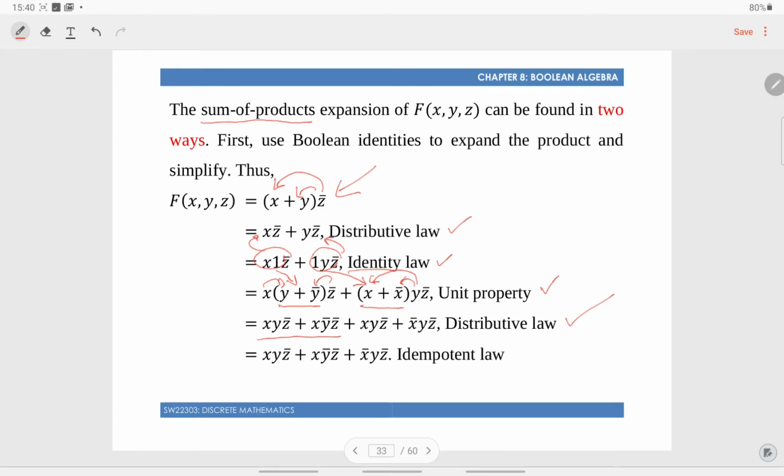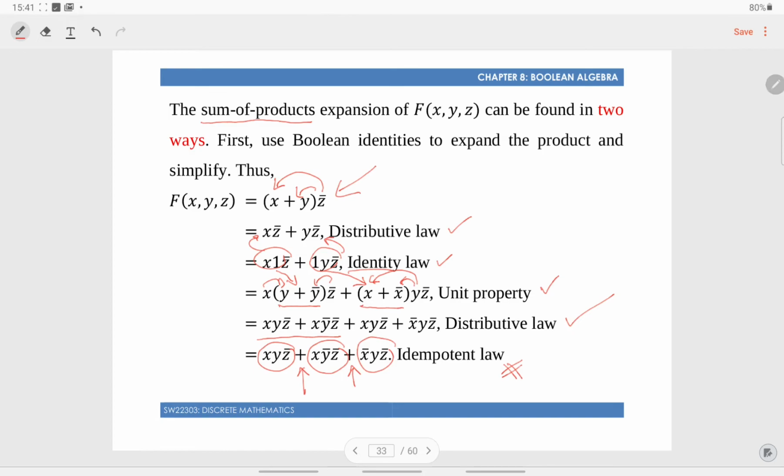We simplify this expression, and we come out with the last one by using the idempotent law. So this is the sum of terms. We have one product, another product, three products, and we combine them together by using the Boolean sum. So this is the first way.